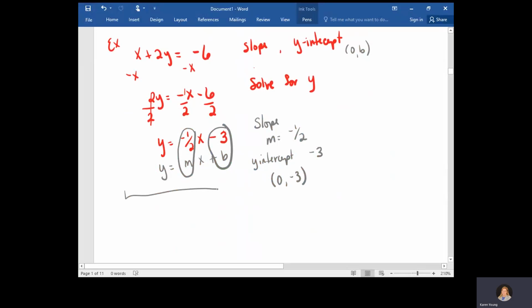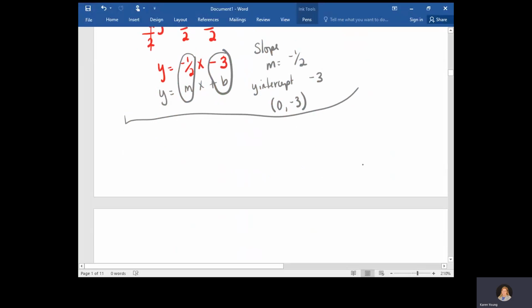The next part of this, we're going to kind of turn it upside down. I'm going to give you the slope.